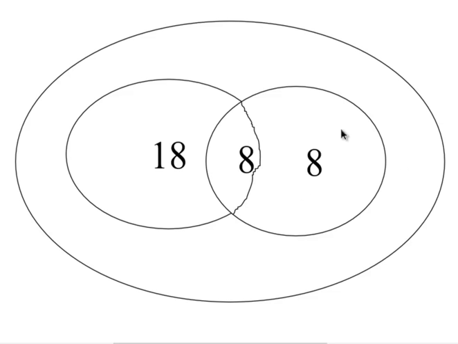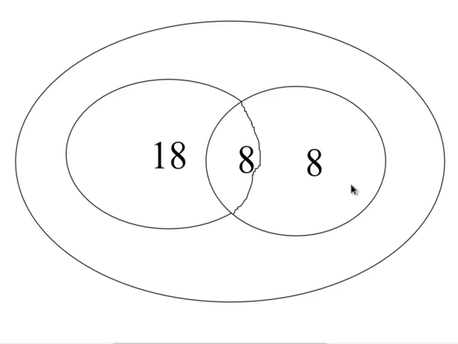This side oval of 8 plus 8, which is 16, are the face cards. So there's Jack, Queen, King, and Ace for each suite. So 4 times 4 is 16.